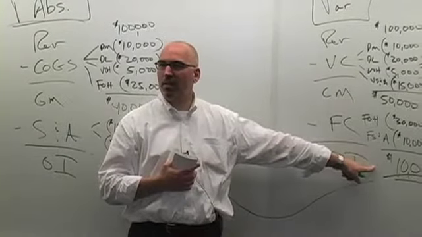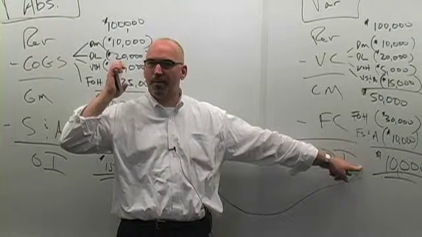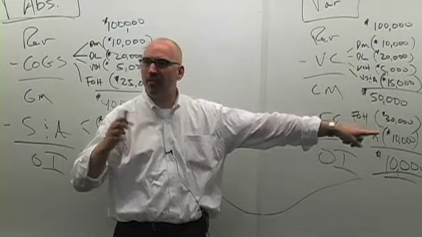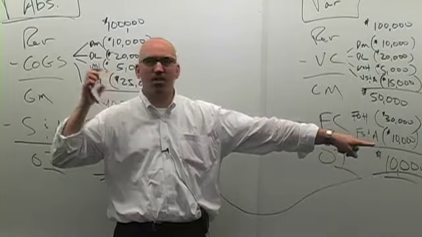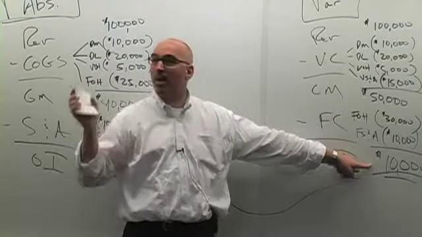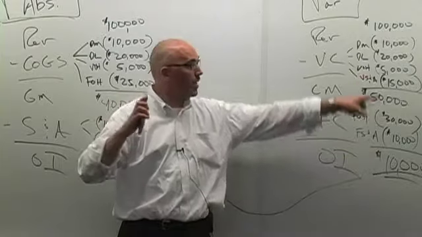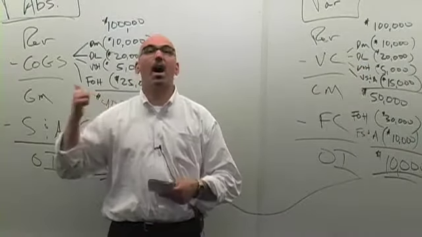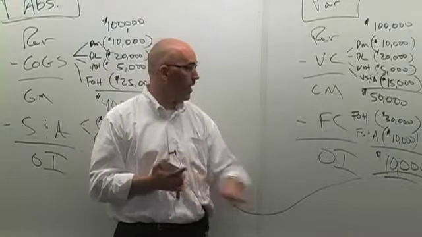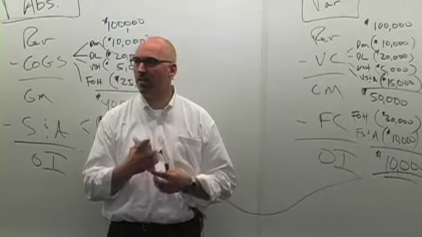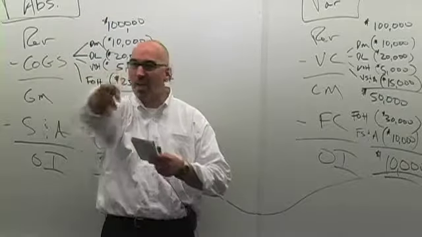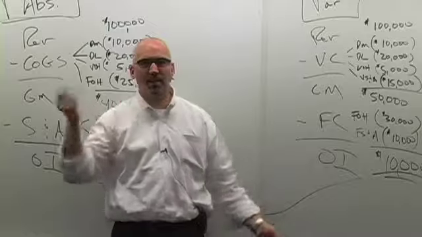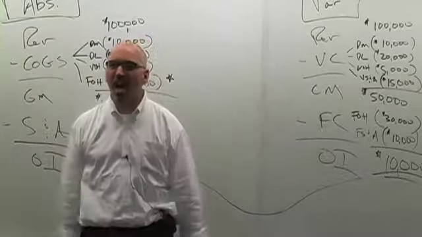You can take 10,000 plus 5,000 to get 15,000, and you know it needs to be plus rather than minus, because when production is greater than sales, absorption income needs to be higher than variable costing income. So we didn't even have to do all this; we could have just used that formula and been done.